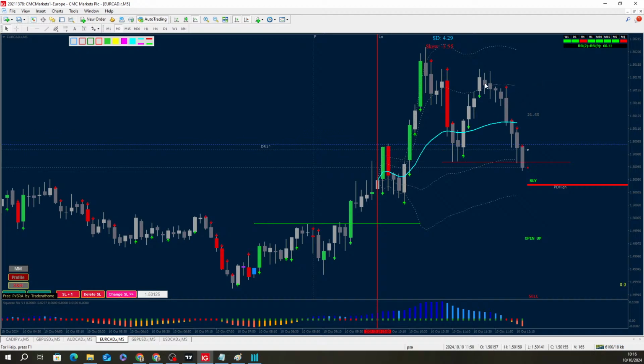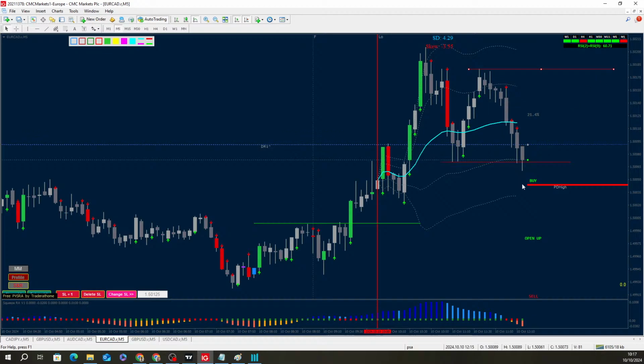Okay, where will the liquidity be? That's the question we want to ask. So I'll probably look to sell if they offer this area here. That would be the best sell zone for us, and that will be a high probability sell zone.